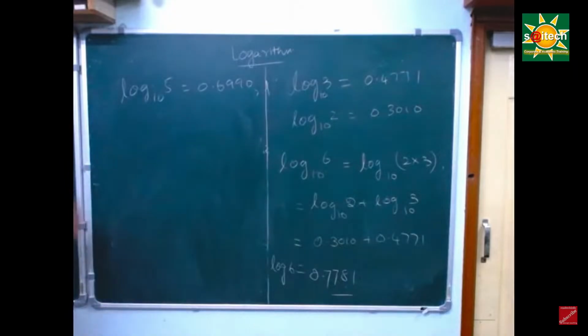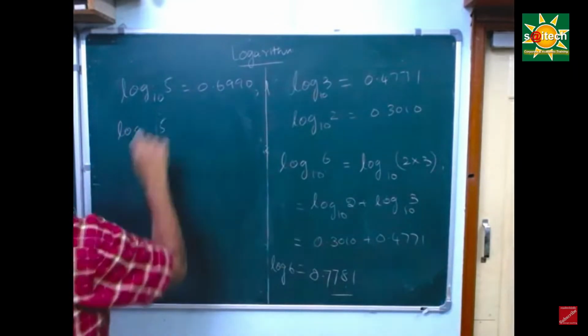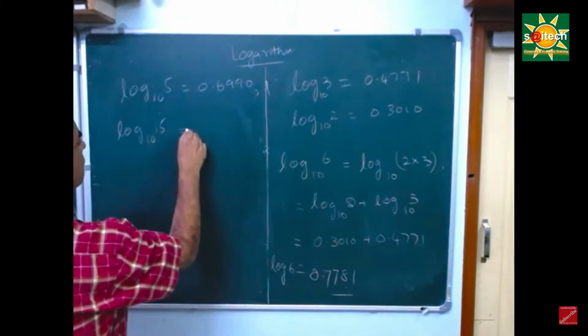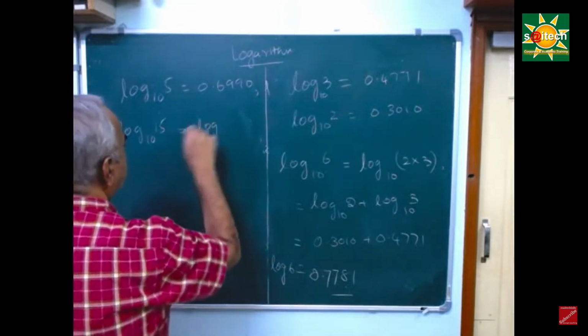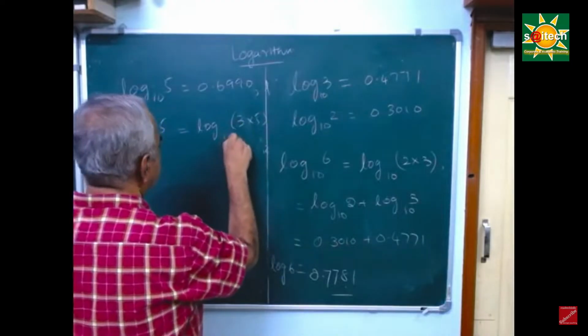Now we will work out the value of log 15 to the base 10. How can you do this? Log 15 can be split into 3 into 5, is it not? To the base 10.